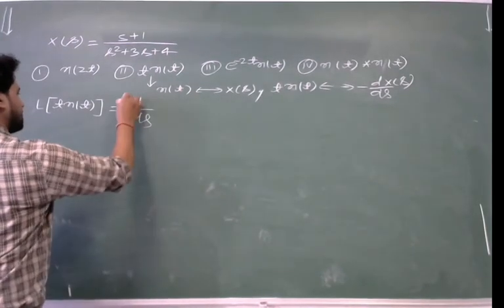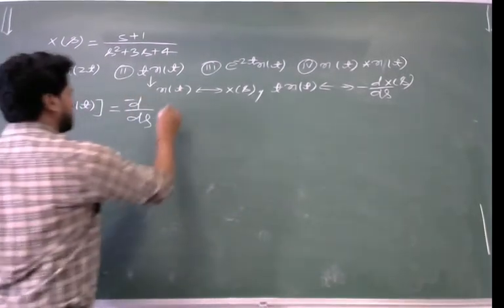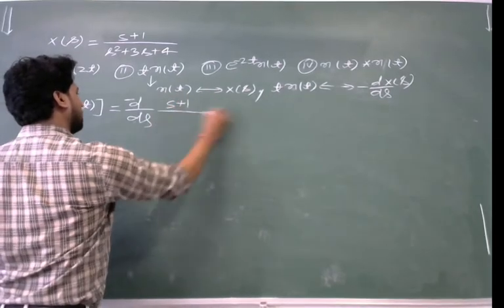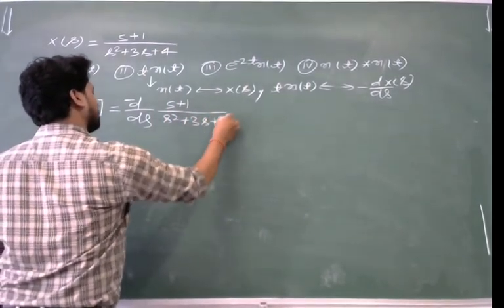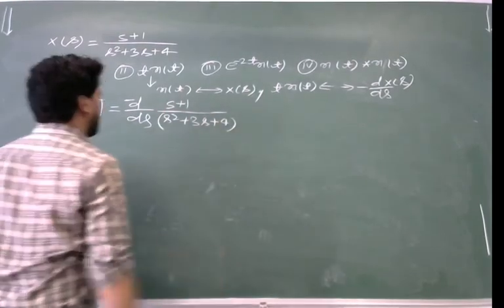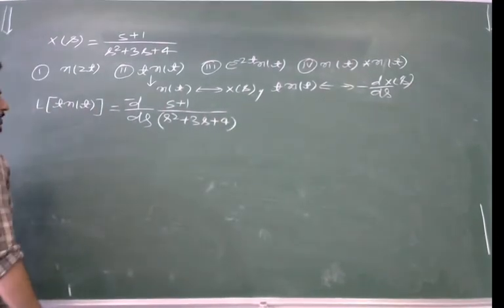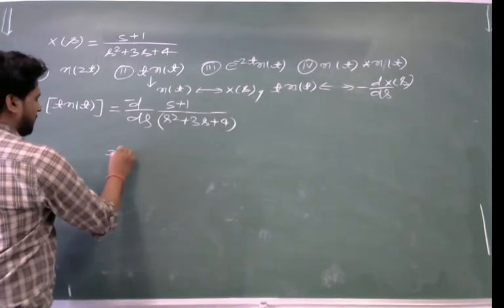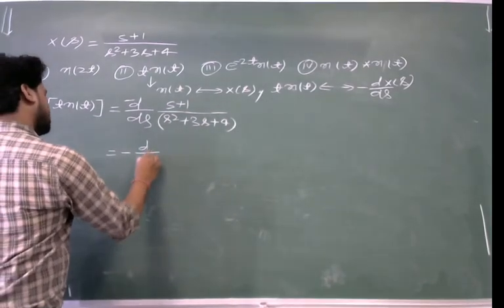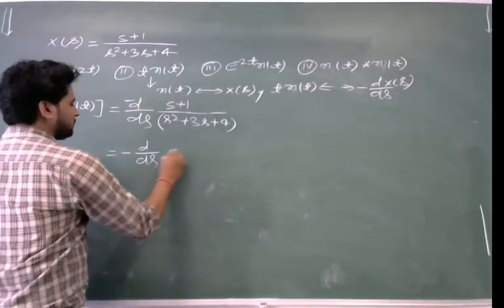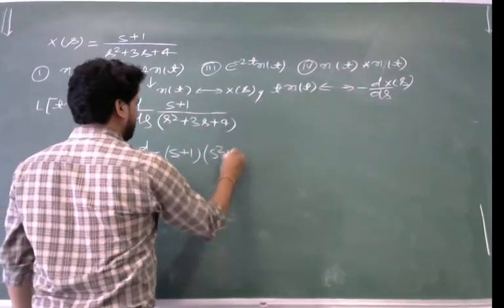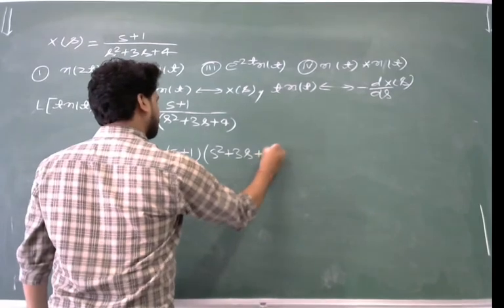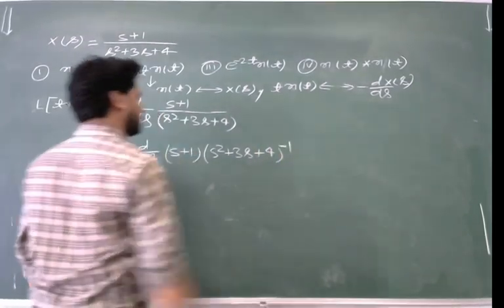with a minus sign here. This signal is (s + 1)/(s² + 3s + 4). We have to differentiate this signal once. So this will become minus d/ds of (s + 1)(s² + 3s + 4)^-1.